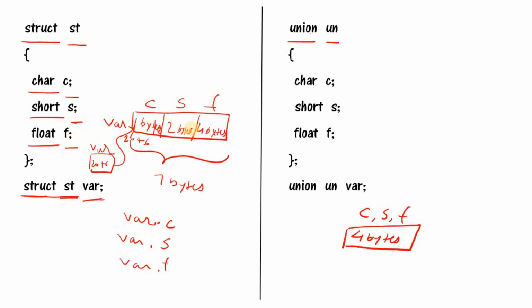For example, if it occupies 4 bytes of memory, then you can store a character, a float variable, or a short variable. Any type of data you can store, but we cannot store all the elements at a time in union. One by one you can store. We can process all the elements of union one after another when required.